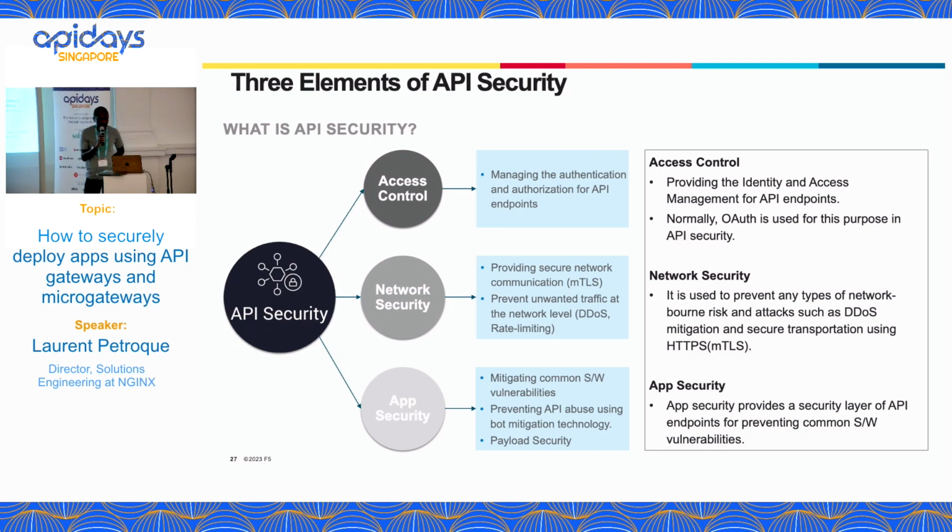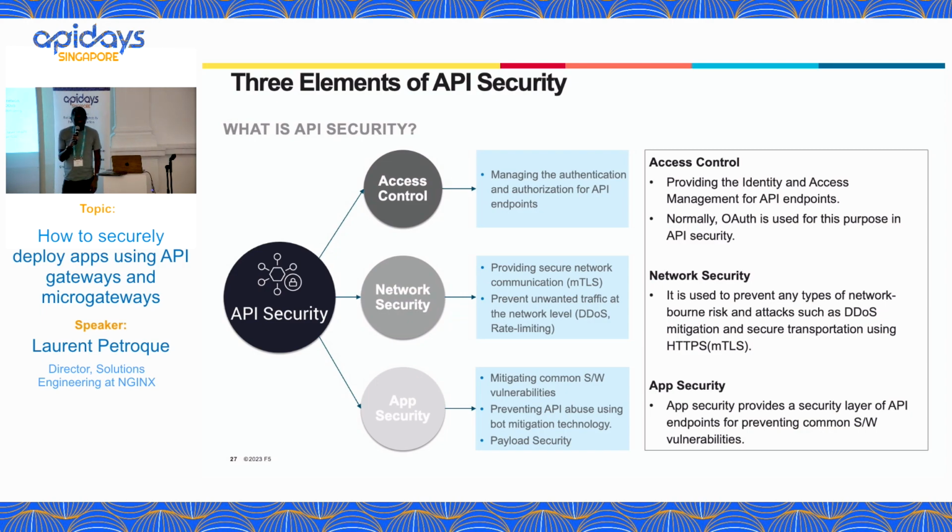When we speak about API and API security, it's not just putting one technology in the chain. There are different aspects to take into account when we talk about security. Nginx, as I said, is the open source technology, really good for web server and proxy. But for security, it's not solely responsible for security.